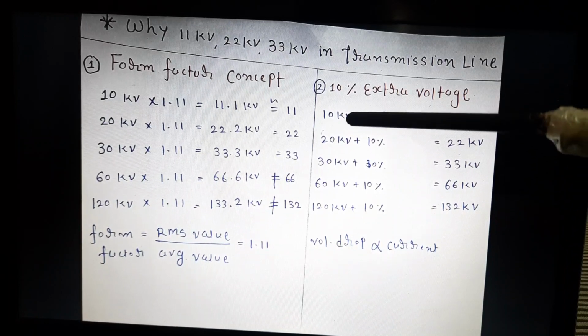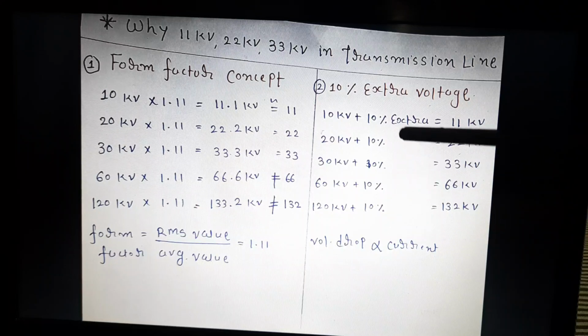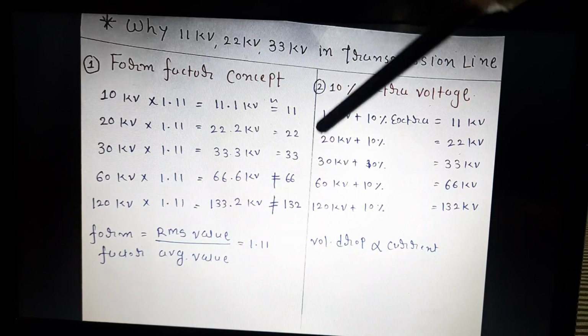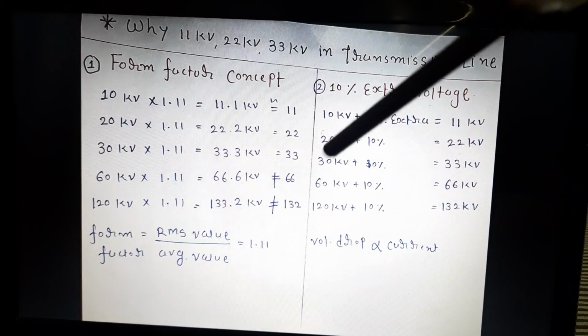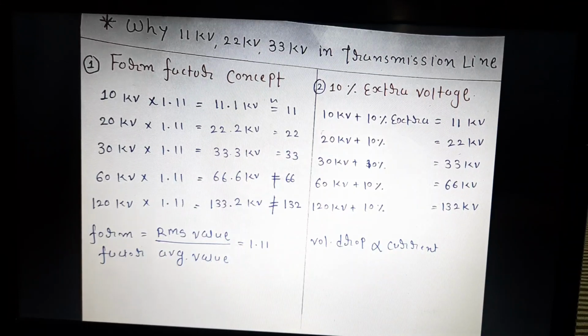Suppose these are the voltage levels that the transmission company wants to deliver at the receiving end. Say for example, GETCO or the AEC wants to deliver 10 kV, 20, 30, 60, 120 or 200 kV at the receiving end. Then what happens? They have to supply 10% extra voltage at the sending end.